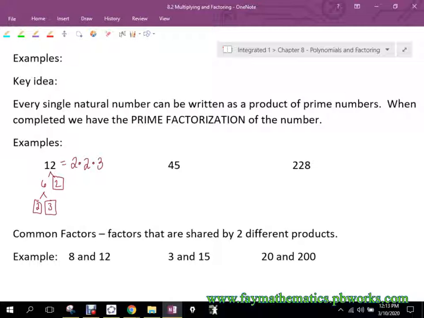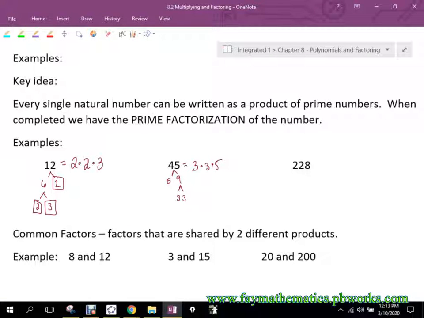So 12 is composite. 45, is it prime? No. What multiplies to give me 45? 5. Okay, so I can rewrite this as 3 times 3 times 5, right? So is that prime or composite? That's composite.